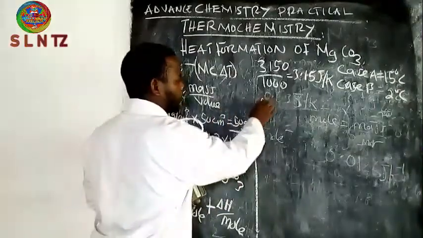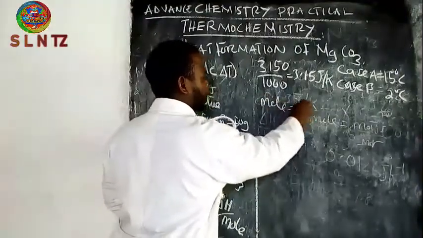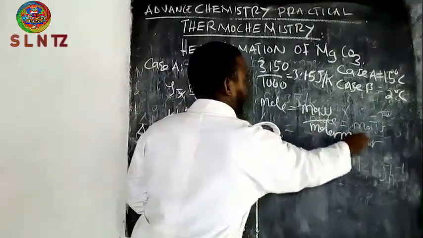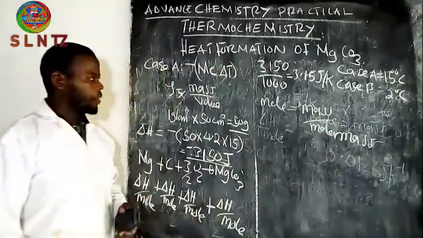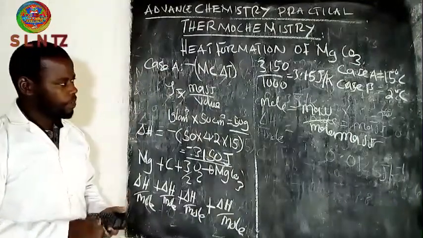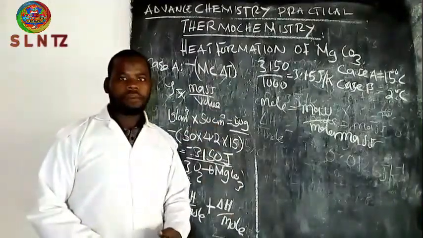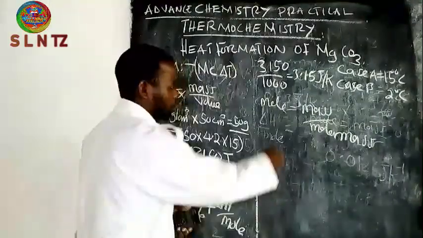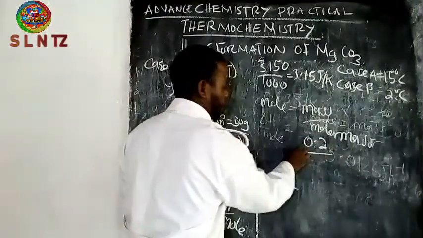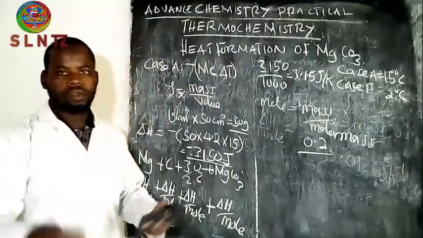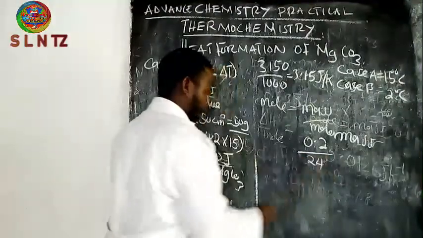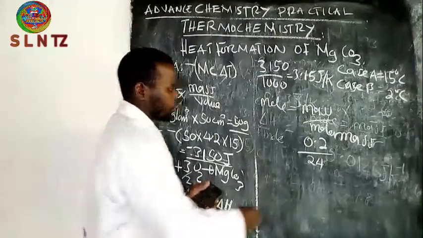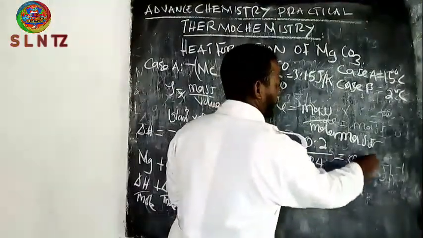So mole is equal to mass over molar mass. According to our data, we have been provided the mass of magnesium ribbon, 0.2. So 0.2 divided by the molar mass of magnesium, which is 24, is equal to 0.01.